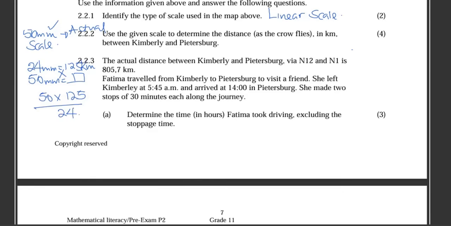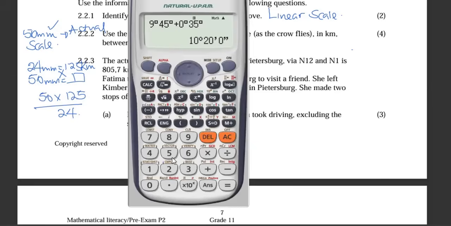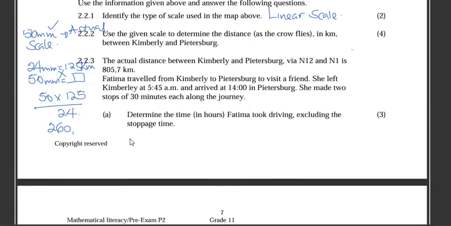Do that for me. Let's do that. So we have 50 times 125 equals, divided by 24. So the answer is 260.4 kilometers.